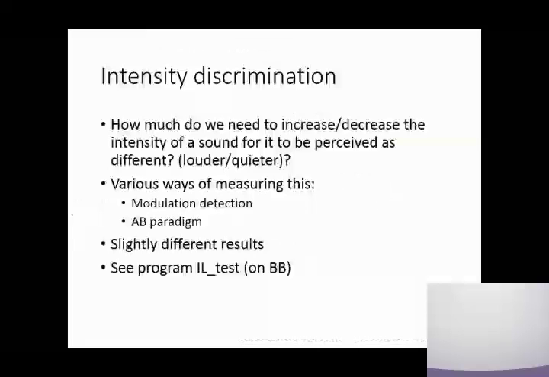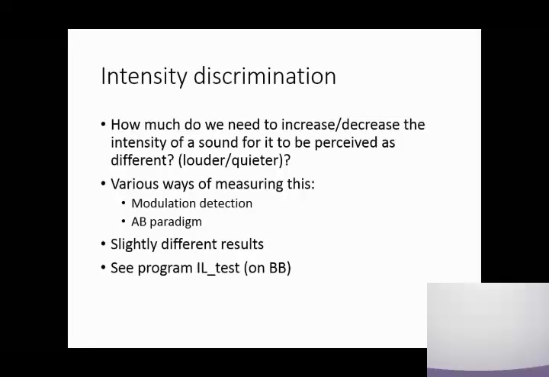Okay. We need to talk a little bit about intensity discrimination while we're at intensity. Namely, how much do we need to increase or decrease the intensity of a sound for it to be perceived as different? There are a number of ways of doing that. One is modulation detection. One is called the AB paradigm.